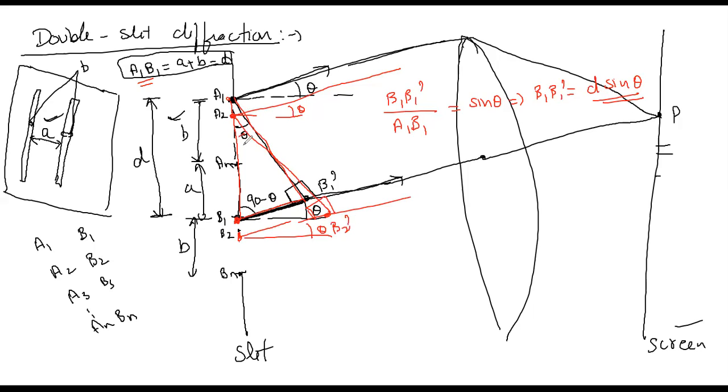Again, the angle is theta, same. तो A2 B2 जो distance है, that is also equal to a plus b, and equal to d. तो B2 से जो wavelets start होंगे, वो जो extra distance travel करेंगे, that is also equal to d sine theta.